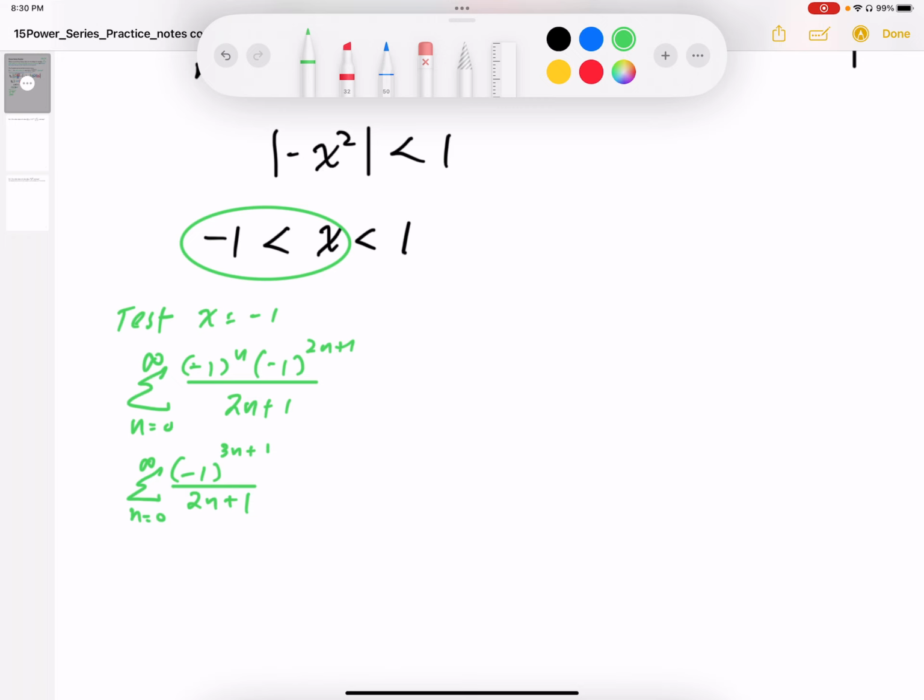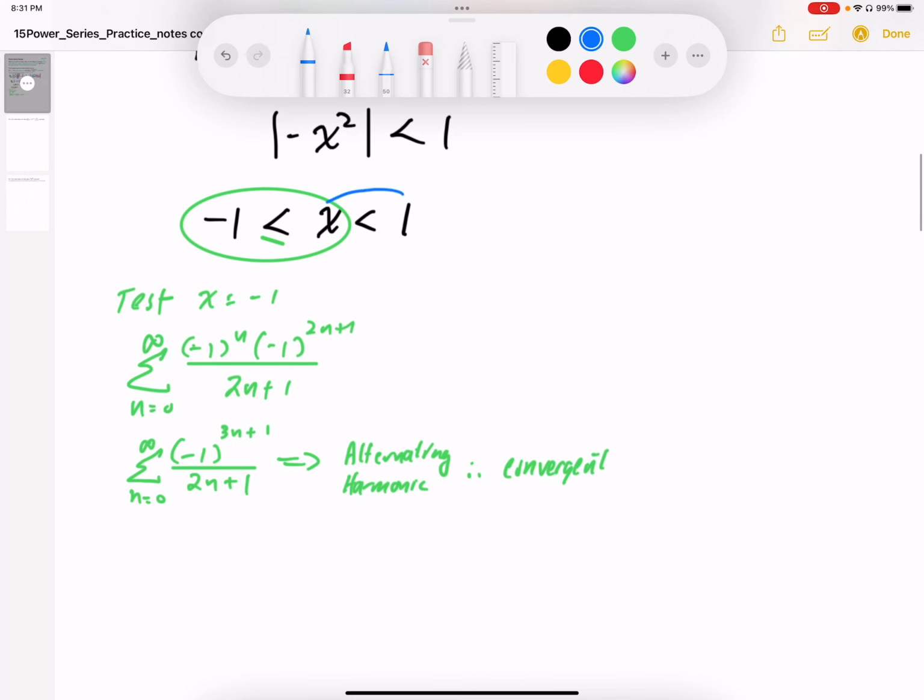So switching between even and odd, so this means that this is our harmonic series, and essentially it's alternating. Okay, so therefore it's convergent. So we will include that endpoint of negative 1.